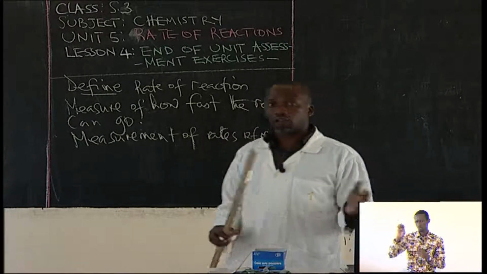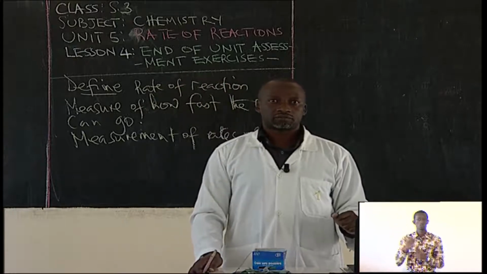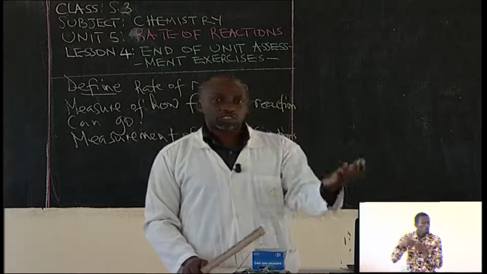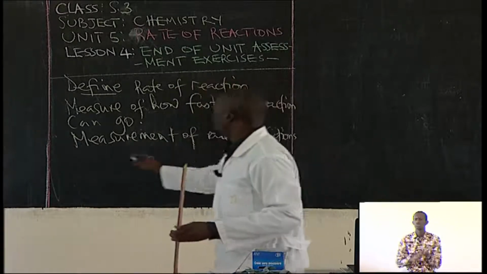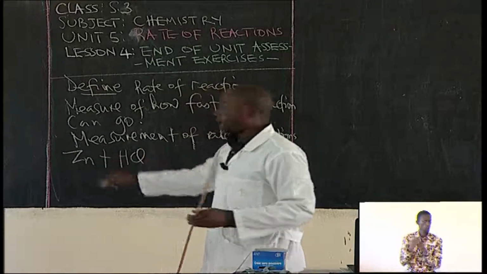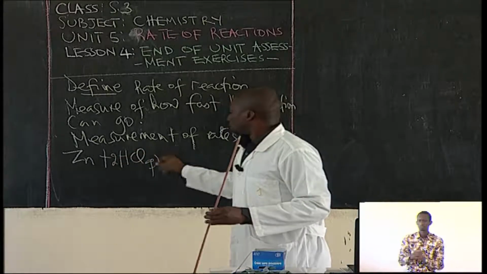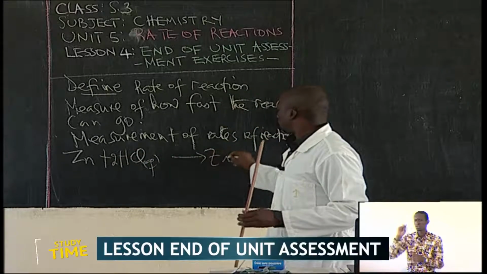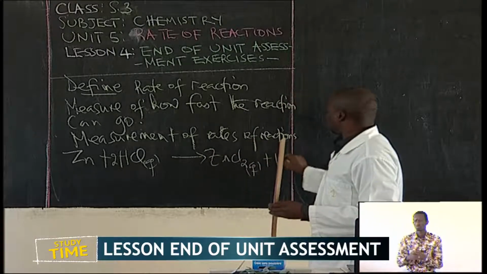If you remember very well, we looked at different methods, whereby we used specific reactions to measure the rates of the reaction. For example, this is the example that we used: zinc combining with HCl to form zinc chloride, which is a solution, plus hydrogen gas.